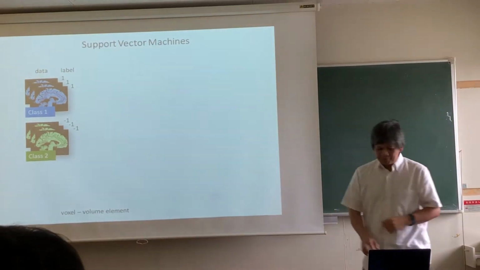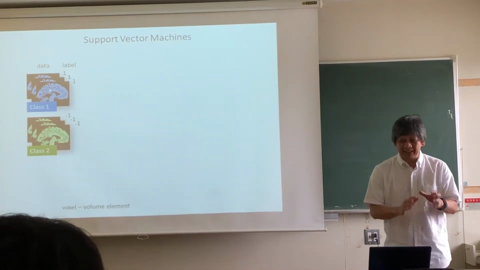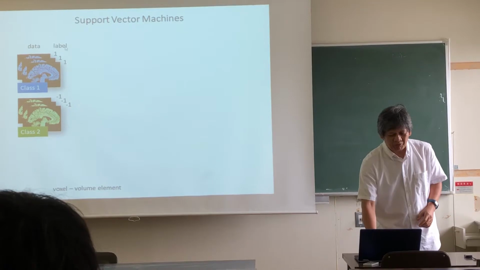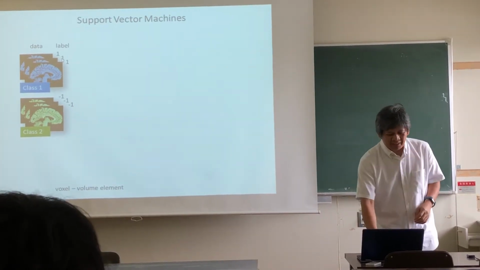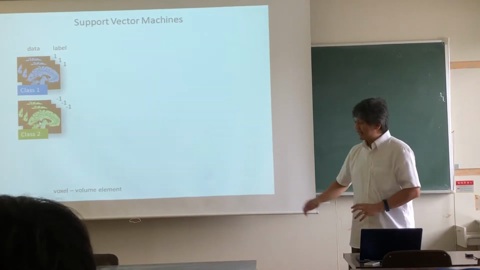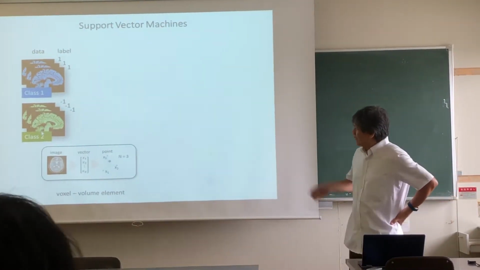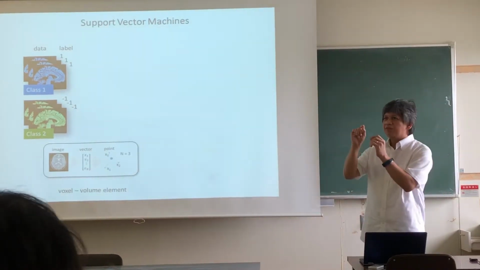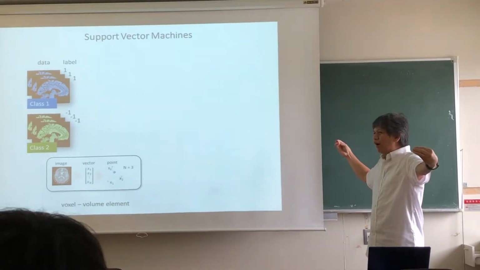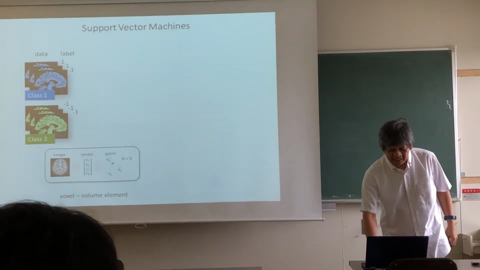So for example, you are given brain images like this, corresponding to task 1, or just class 1, and we label it as 1. And then you have another set of images given by this, we label it as -1, corresponding to class 2. And then what we usually do is that for that 3-dimensional image, we make it into a 1-dimensional vector representation, given this, okay?